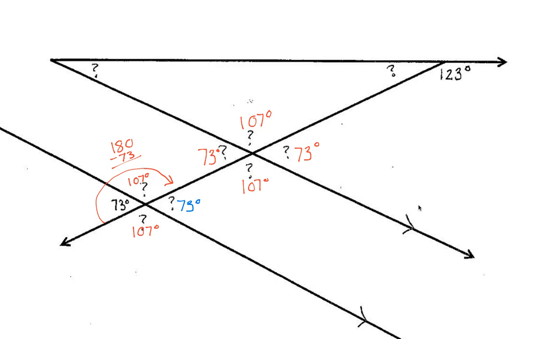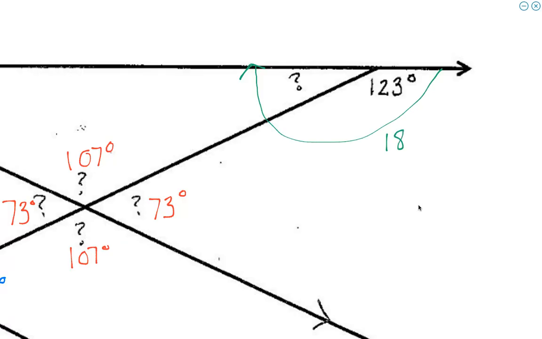All right, I'm going to bounce up here to this 123 because these together are supplementary. So 180 minus 123. That's 57.